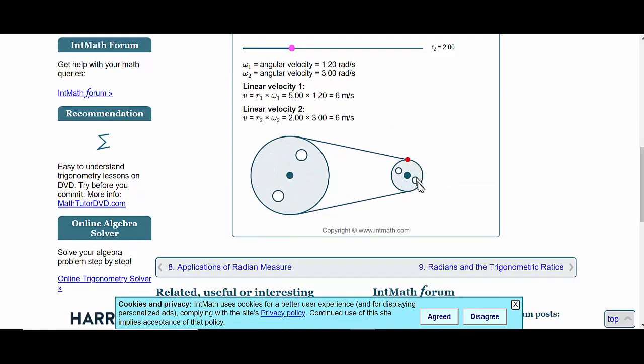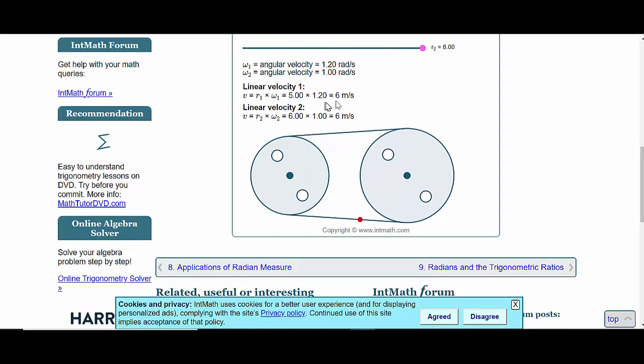The smaller sprocket is rotating faster than this one. However, this red dot, which represents the linear velocity, is always the same. On a bicycle chain on the sprocket, that chain is always moving at the same rate, because if it wasn't, it'd get all tangled up, right? So I want you to understand that the linear velocities are equal, no matter what the size of these sprockets are.